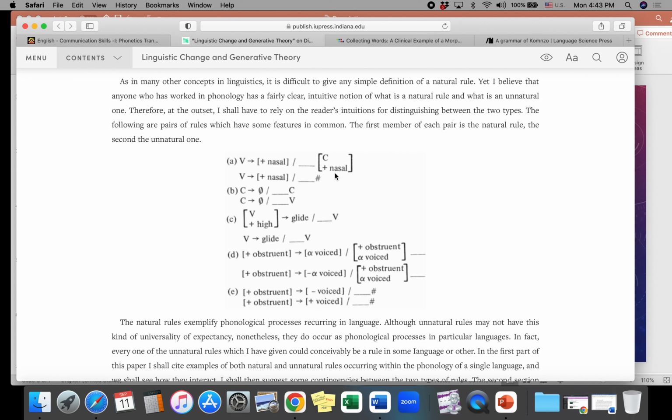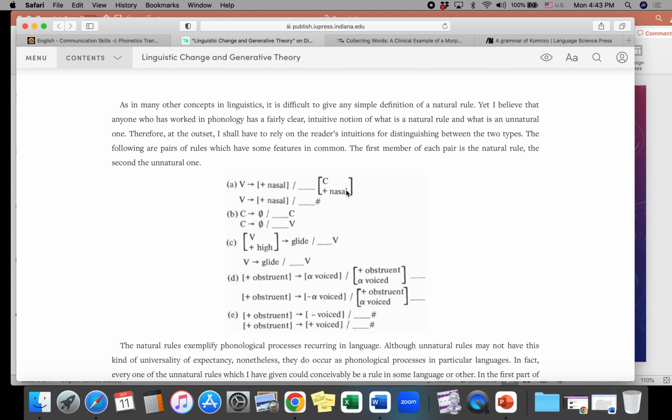So if you have a vowel before an N or an M, it's very likely that your vowel is going to become nasalized like the consonant after it, and this is called assimilation. Here, the second rule says a vowel becomes nasal when it is right before the end of a word. So that's not as common.